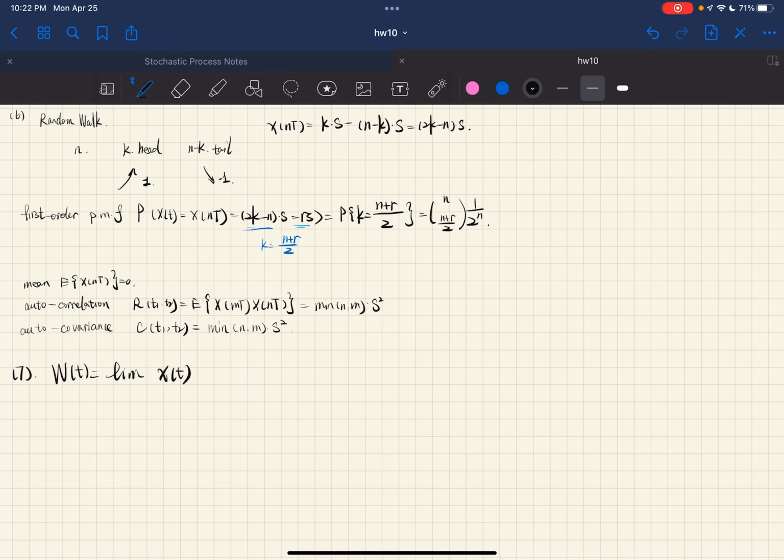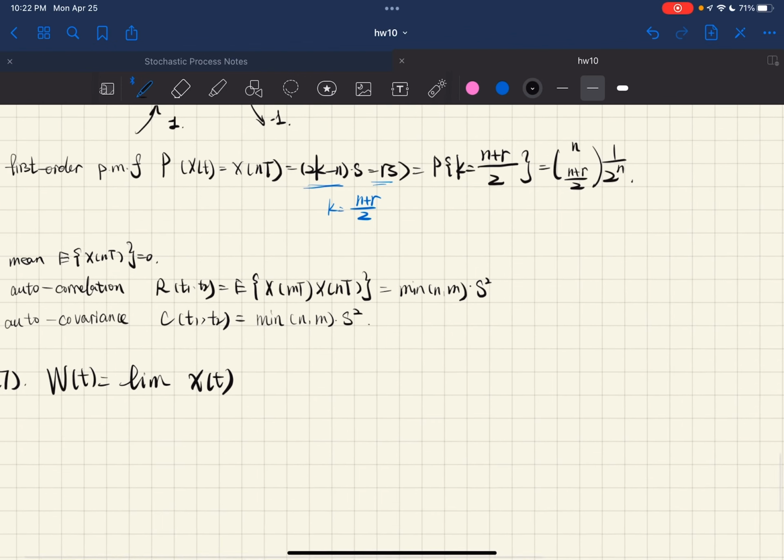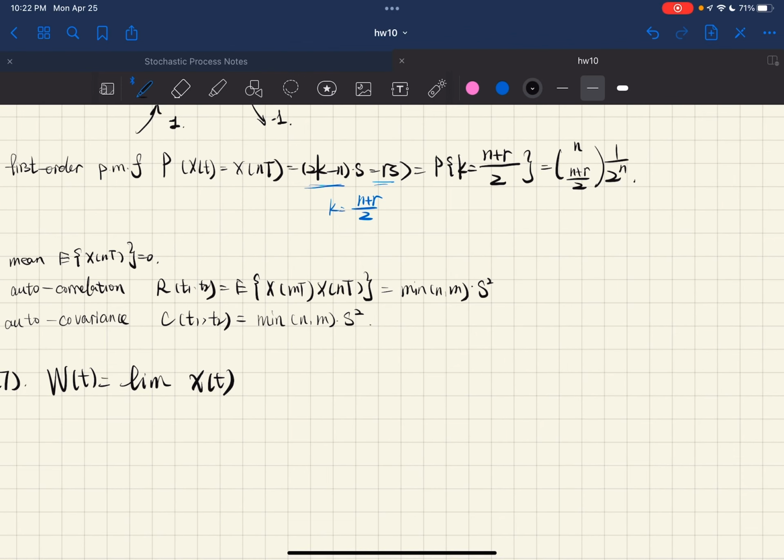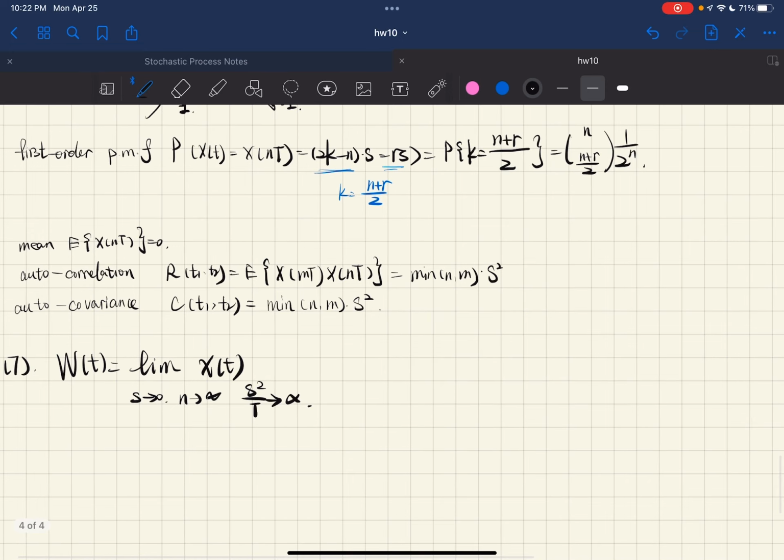And since we know that the second moment of the Wiener process should be finite and non-zero, we have the constraint on the limit: s approaching 0, n approaching infinity, and s to the power of 2 divided by t approaching alpha, where alpha is a constant.